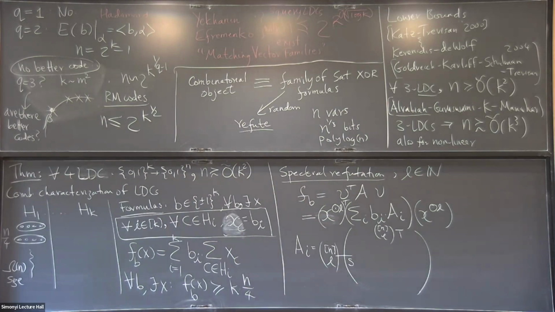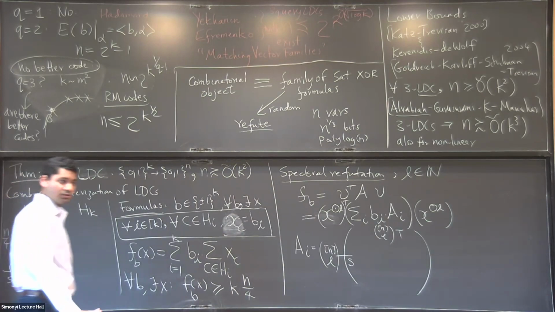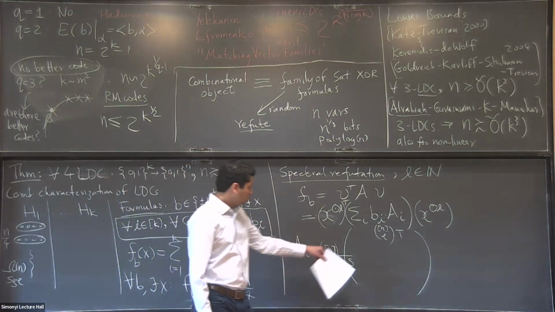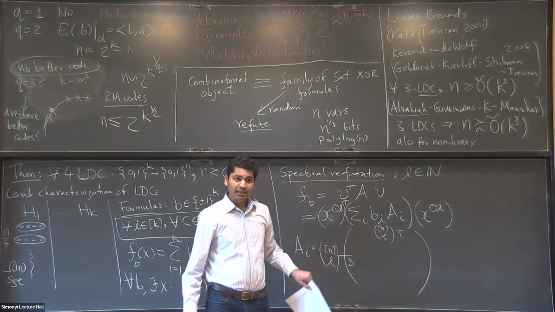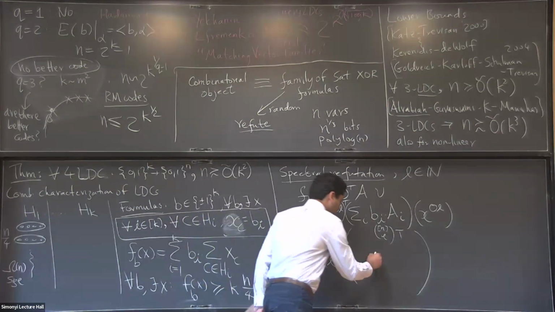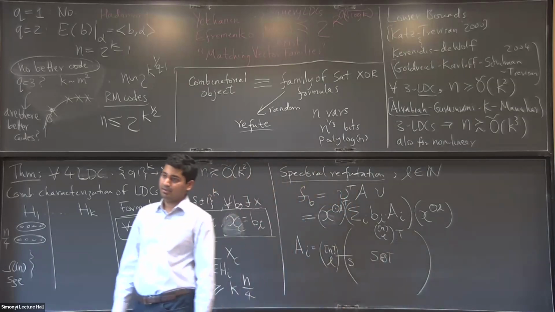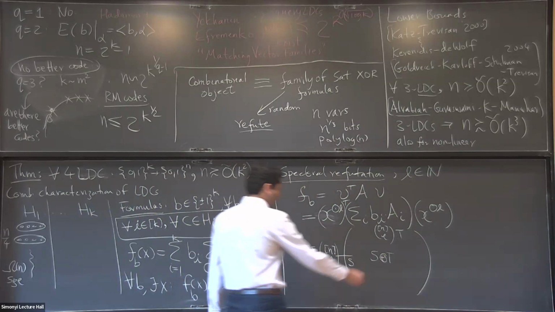This matrix is going to be, in fact, an adjacency matrix. Entries are going to be 0 or 1. So it's really a graph. And this graph has an edge between two subsets S and T if and only if the symmetric difference of S and T as subsets of [n] is an element of H_i.